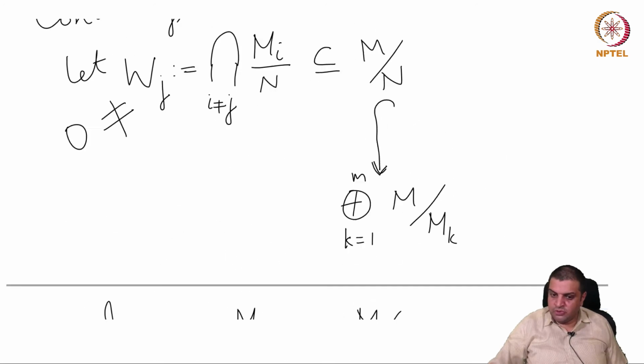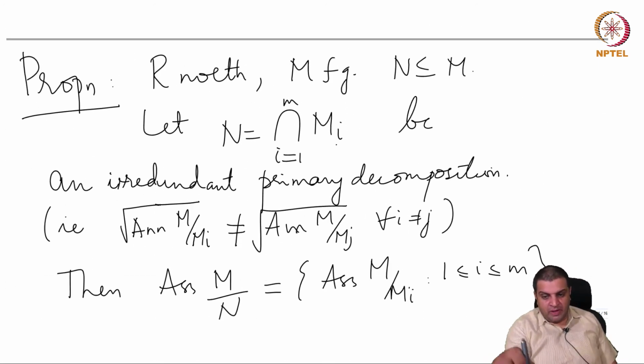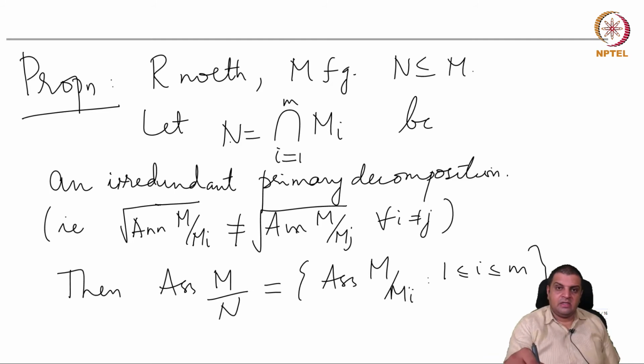So this proposition tells us that not only do we have a decomposition as an intersection of primary submodules, one also gets that the associated primes corresponding to the primary submodules are exactly the list of associated primes of M mod N, and in the irredundant case they occur exactly once. If there are m terms here, N has m distinct associated primes.